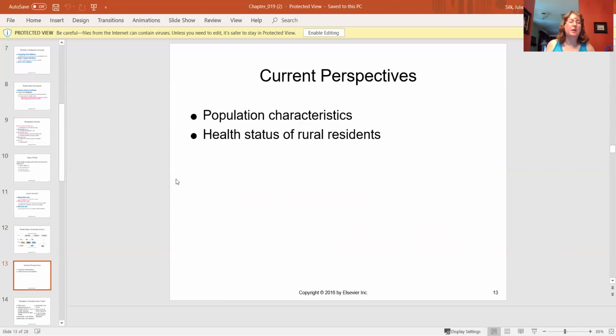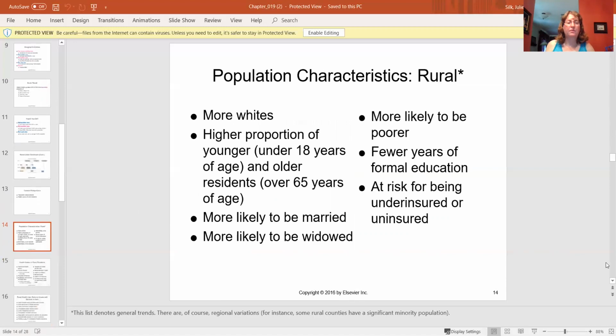All right, so we're going to examine some current perspectives about population characteristics and health status of rural residents. This list here is going to just tell you about some general trends. There are, of course, regional variations. For instance, some rural counties have a significant minority population. So here's what they're saying.